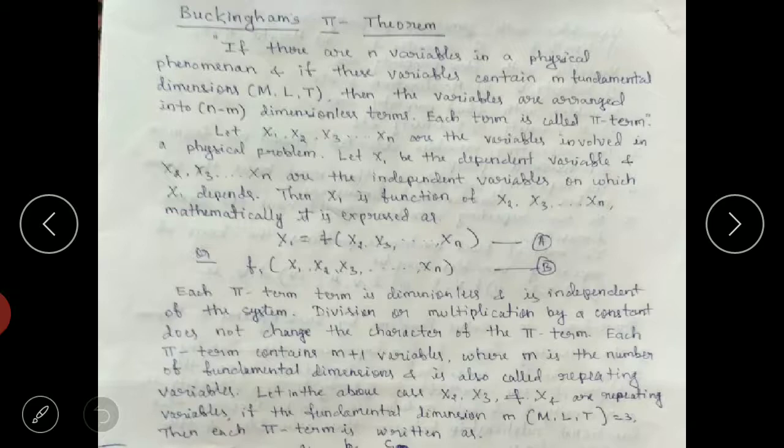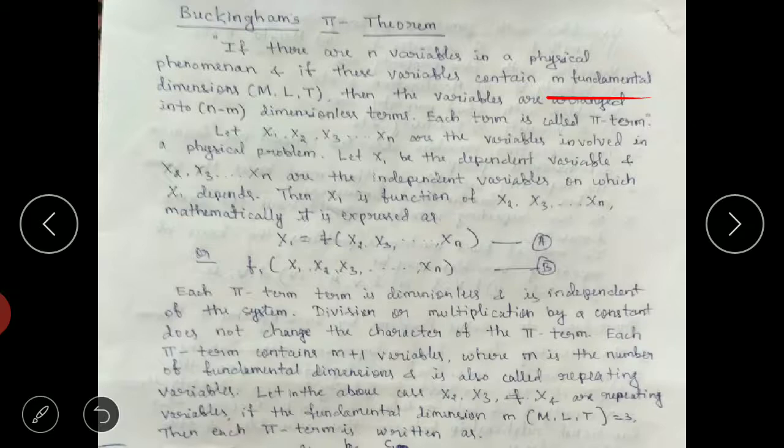If you read the statement, it says if there are n variables in a physical phenomenon and these variables contain m fundamental dimensions, which we have discussed are nothing but MLT for structural or geometrical problems.